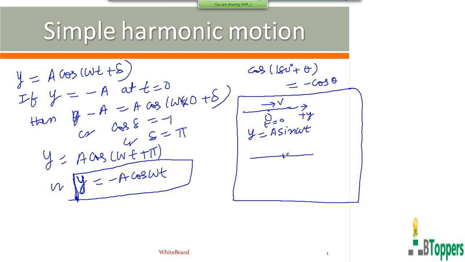If we consider the case where the particle performing SHM is initially at the mean position with its velocity directed in the negative direction, then the equation for displacement at time t from the mean position can be written in the form y equal to minus a sin omega t.